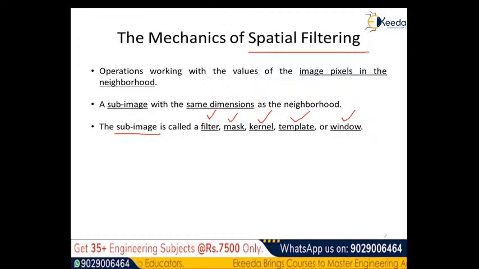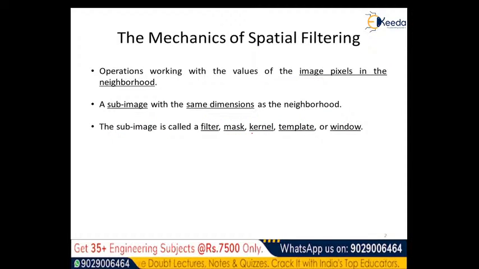If we denote the dimensions of the entire image by capital M by capital N, then by small m by small n we can represent a portion of the entire image, this sub image, and we can call it the filter or mask. Mostly we use the mask or simply the template.